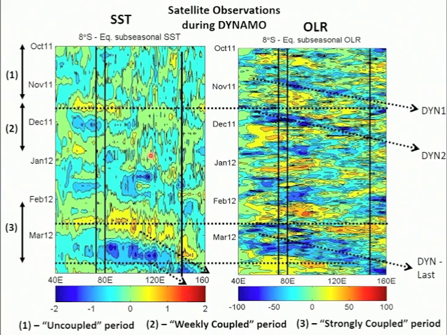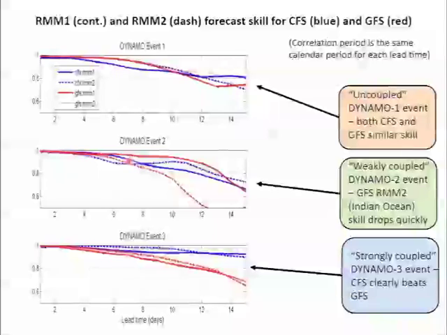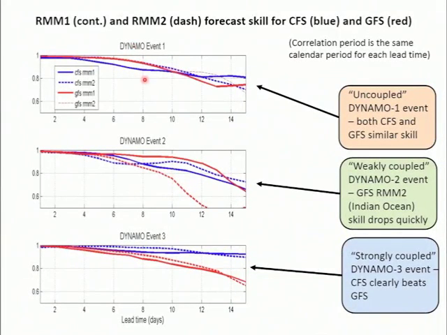So let's see what the coupled forecasting system and the global forecasting system of NCEP did during these three different periods. These are anomaly correlations between the RMMs. Continuous lines show the RMM1, which describes the MJO traversing the Maritime Continent and entering the Pacific Ocean.